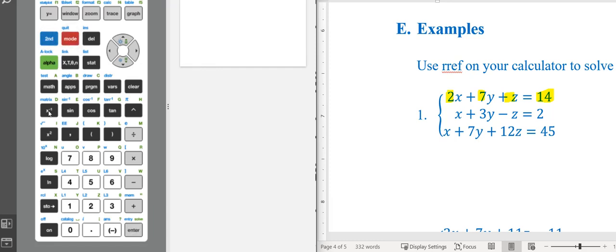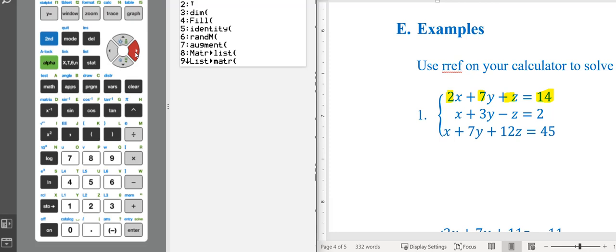All right, we're going to go look at that matrix. So hit second matrix and just hit enter because you should have entered it as matrix A. If you hit enter, you should see that matrix. Okay, now you want to do RREF. So I'm going to go to second matrix. It's a mathematical operation on a matrix, so you need to arrow to the right.